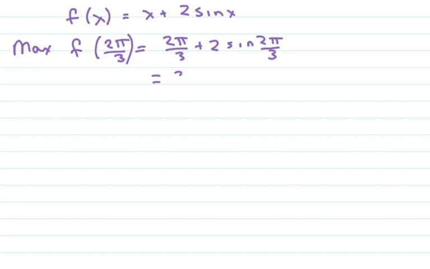And that's going to equal 2 pi over 3 plus 2 times sine of 2 pi over 3, which is square root of 3 over 2. And the 2's will cancel. So we just get 2 pi over 3 plus square root of 3.